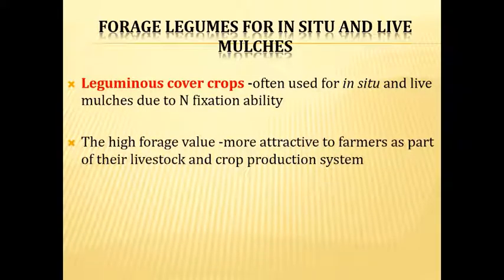The high forage value of these legumes may make them more attractive to farmers as part of their livestock could be fed as well as beneficial for the crop production system.